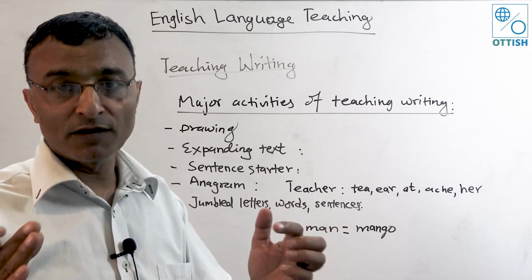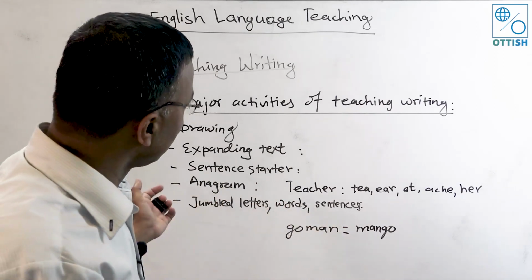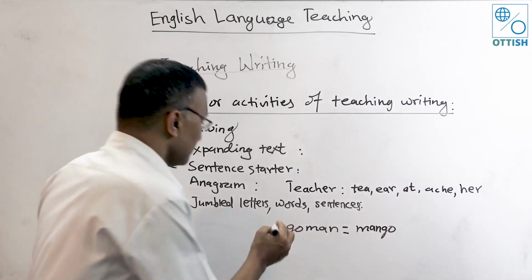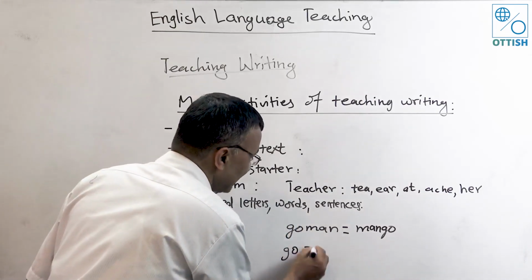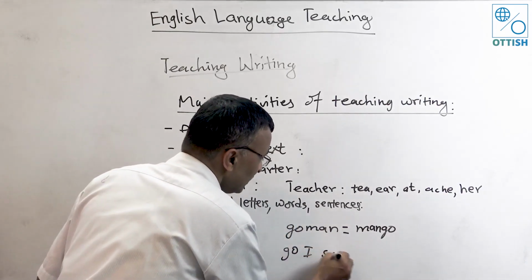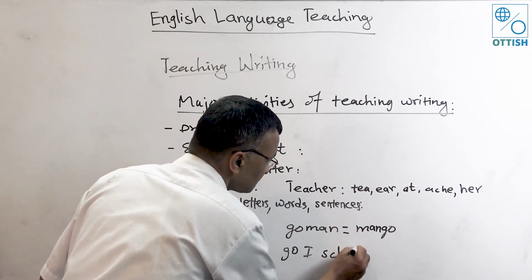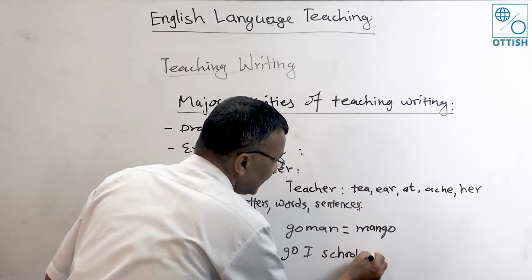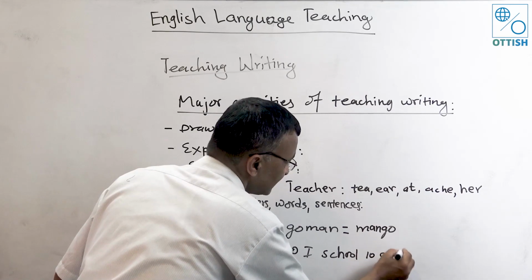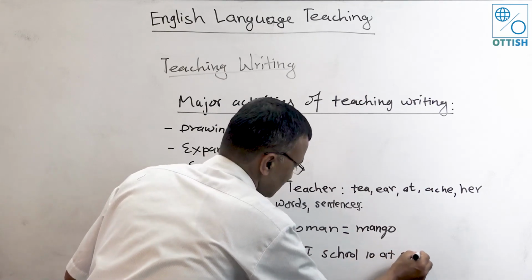Jumbled words from a sentence. The words of a sentence can be jumbled: go, I, school, 10, at, am, to.